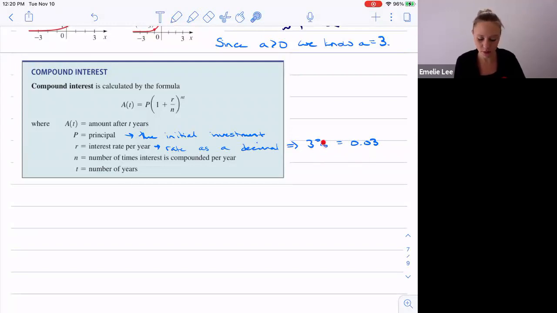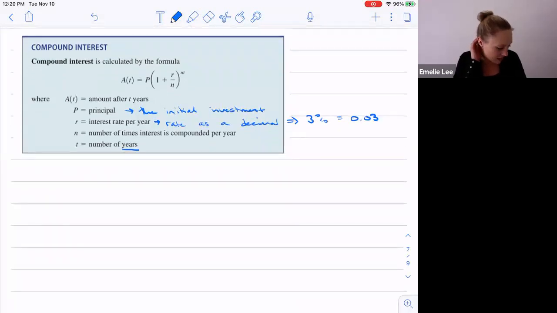Even though we usually talk about rates as percentages, we have to use decimals in our math. n is the number of times interest is compounded per year, and then t is the number of years. I'll underline the years because sometimes that can be tricky.